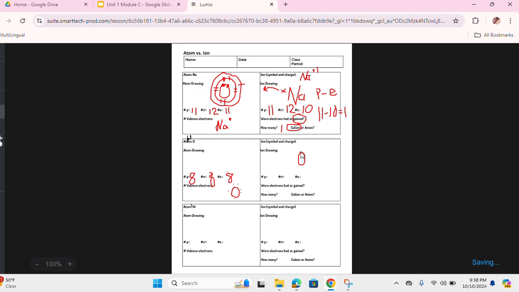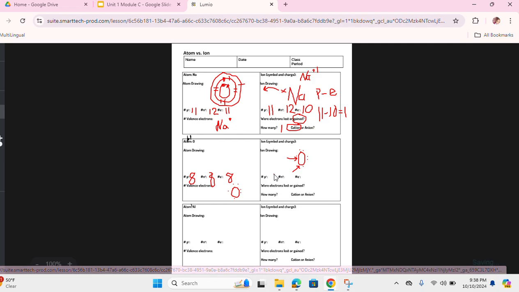The other way we know it's going to gain is because it is a nonmetal. We know that oxygen is a gas. So the nonmetals will gain electrons and our metals will lose electrons. So we need 2 more electrons here.